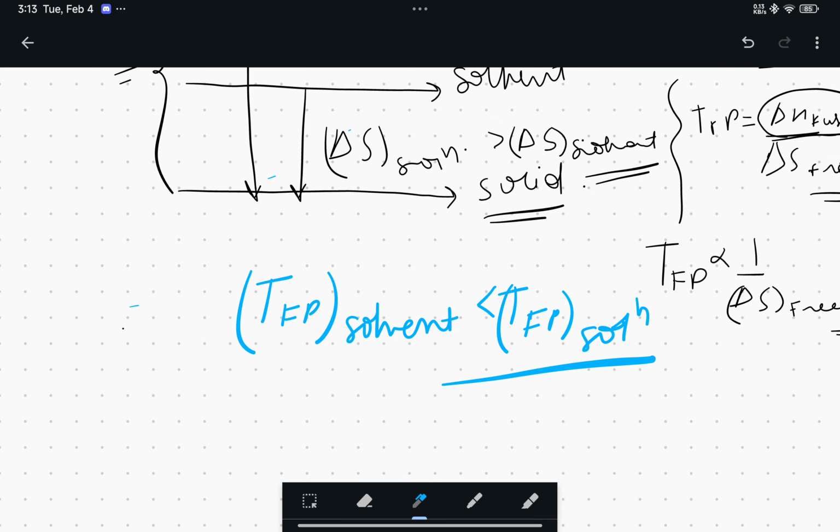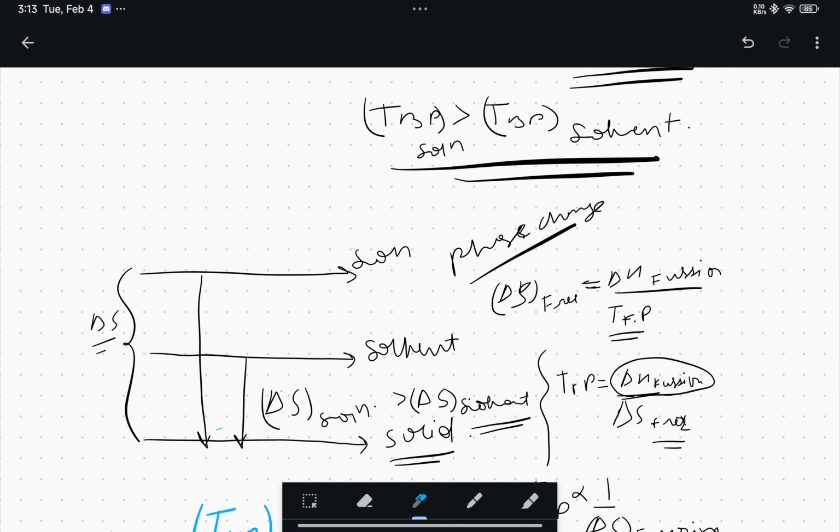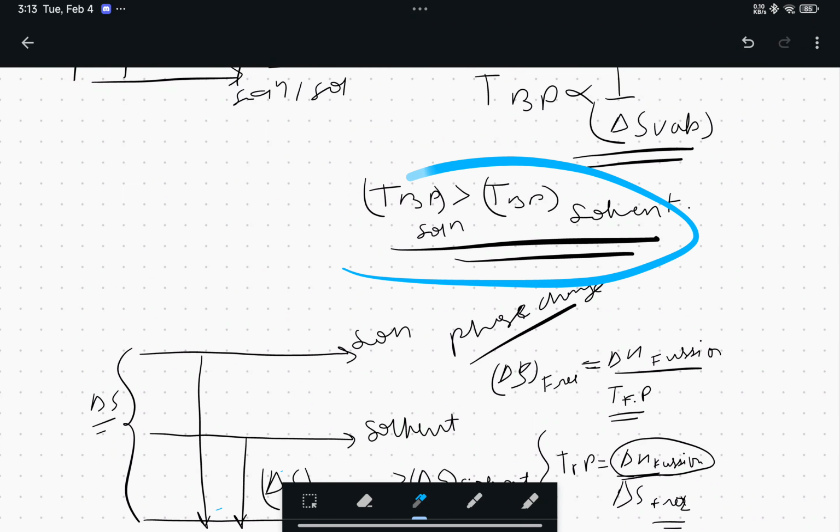Hence the freezing point drops and the boiling point increases.